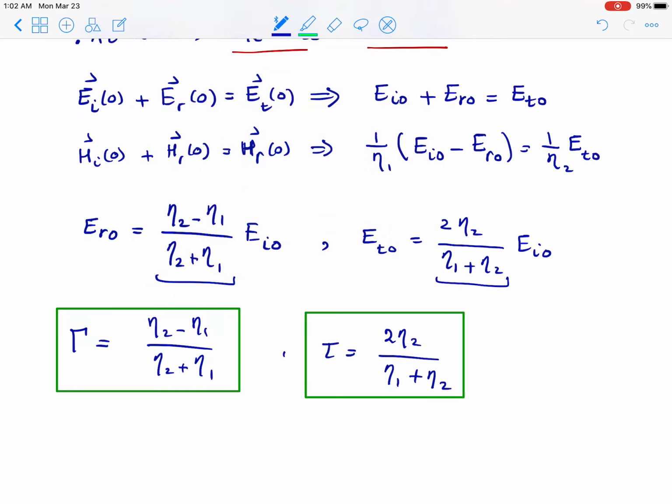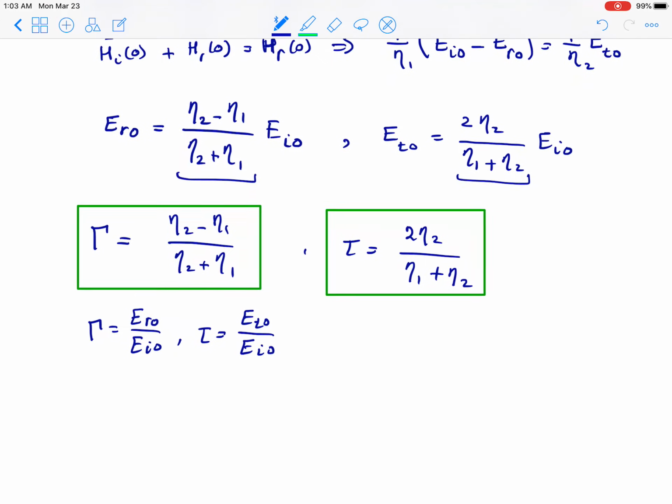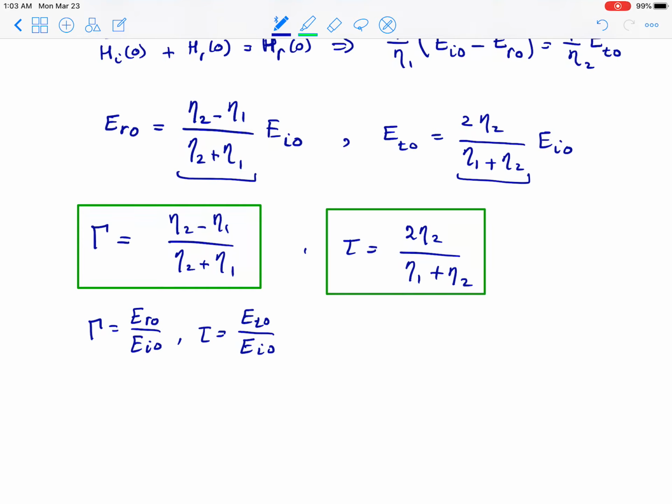Gamma is E reflected divided by E incident. Tau is E transmitted divided by E incident. These two equations are very common. We'll see them soon, inshallah, when we talk about transmission lines. However, the intrinsic impedances are replaced with the characteristic impedance of transmission lines.